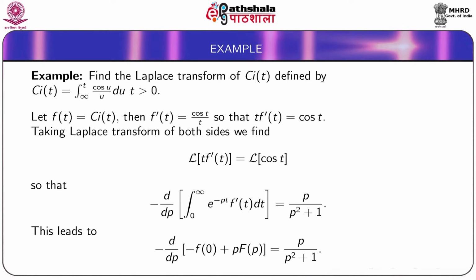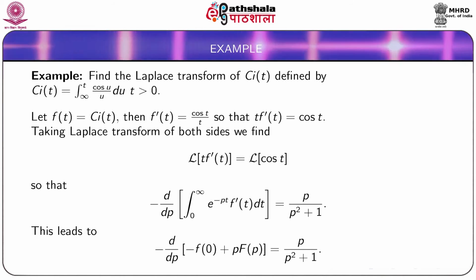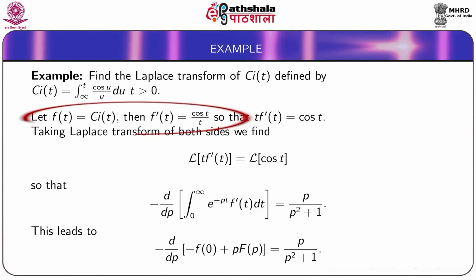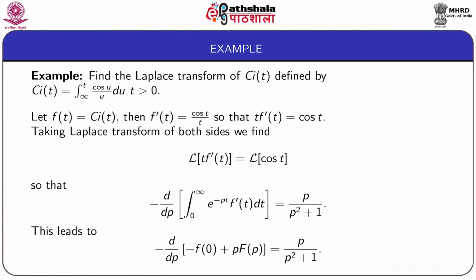So if we take Laplace transform on both sides of this equation, then we find that Laplace transform of t f dash t is equal to Laplace transform of cos t. Now, Laplace transform of cos t, we know that it is equal to p by p square plus 1.